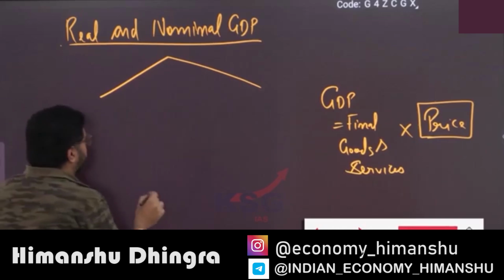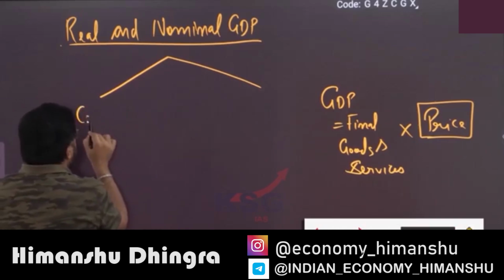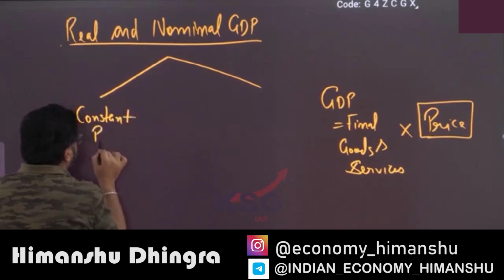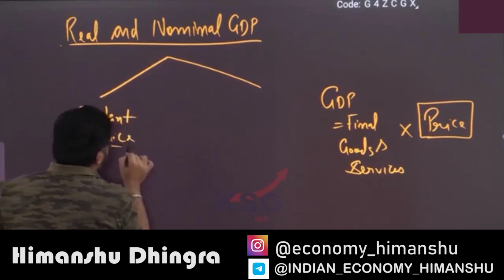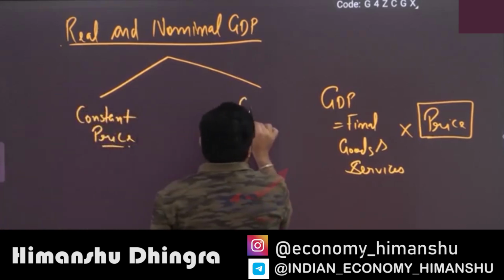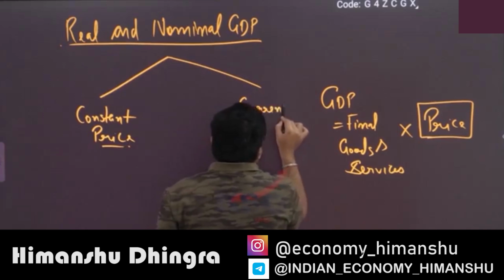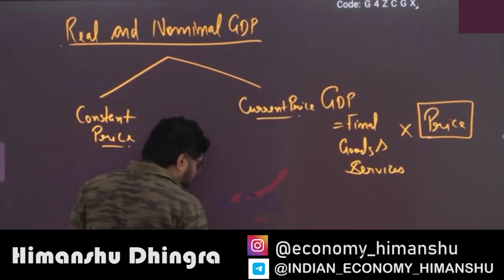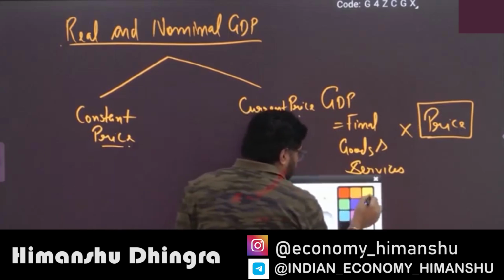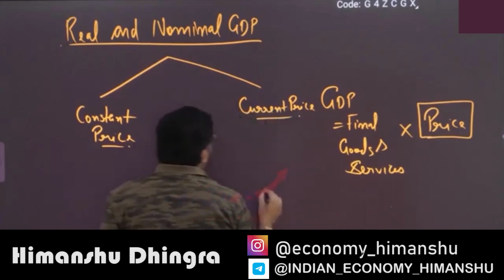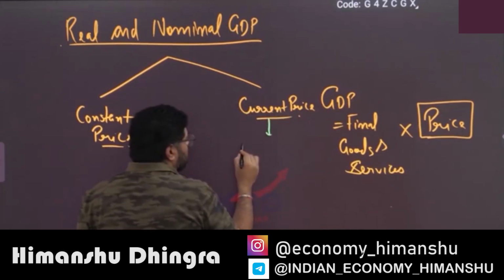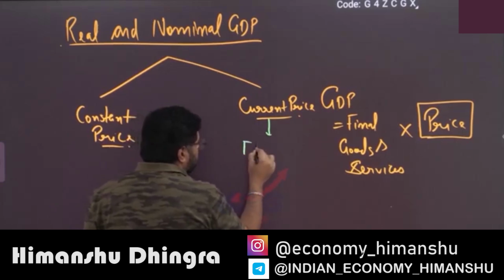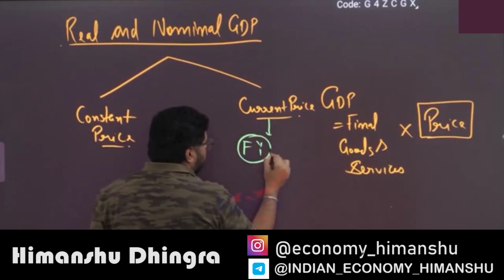So now we have two prices. One is constant price and another is current price. When I am taking current price, I am talking about the present price in the current financial year.